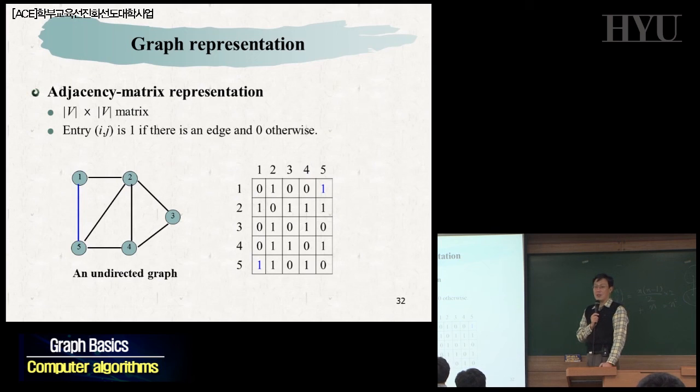And this is an undirected version. As I said, this edge means both directions, from 1 to 5 and 5 to 1. So we store 1s on both entries, 1,5 and 5,1.